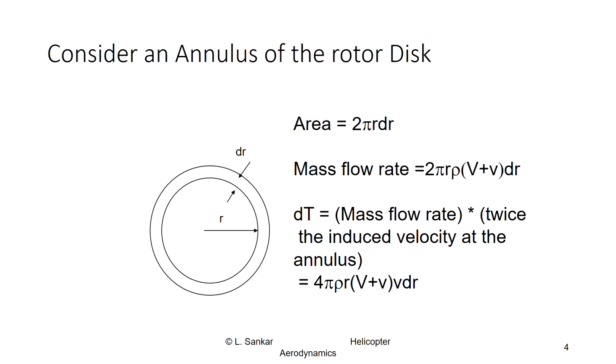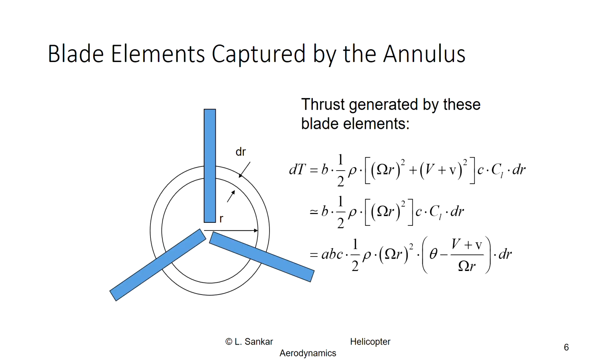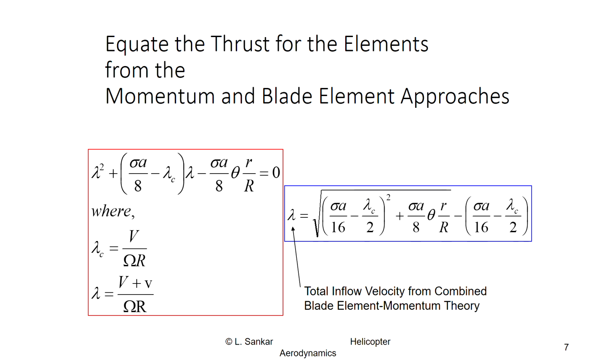Notice that you have this expression with a lowercase v times lowercase v product term, so you get a quadratic equation. Before we solve the quadratic equation in dimensional form, it's common practice to divide all the velocities by the tip speed omega R. Therefore, the climb velocity V divided by omega R, where R is the tip radius, is called the climb ratio.